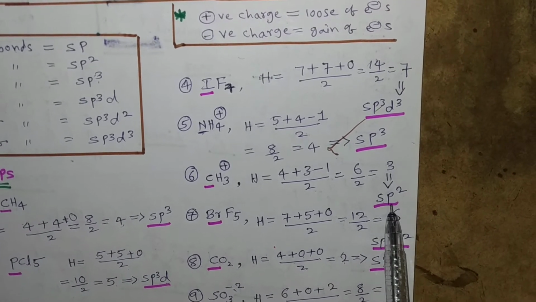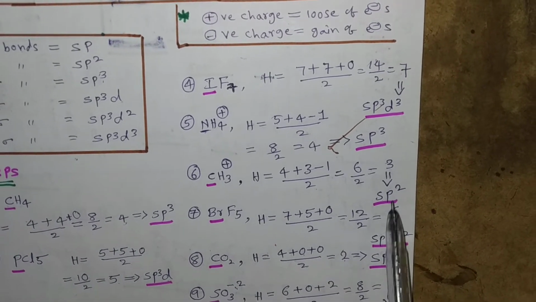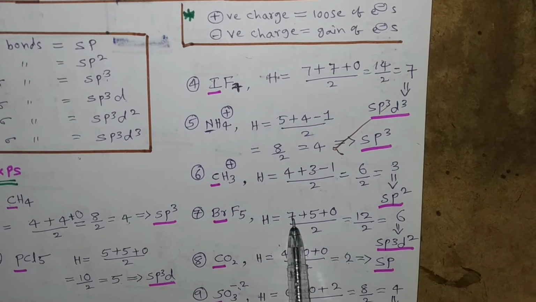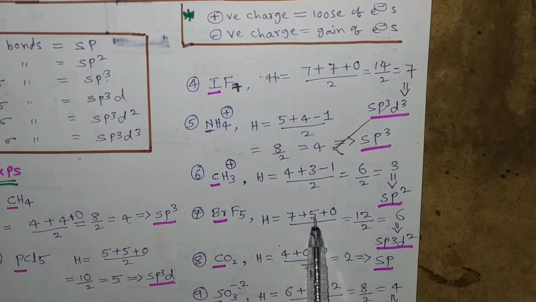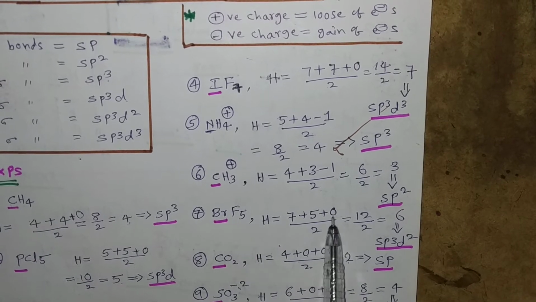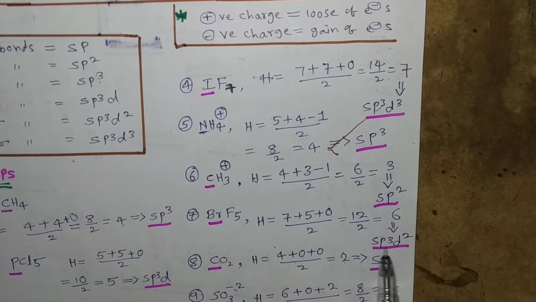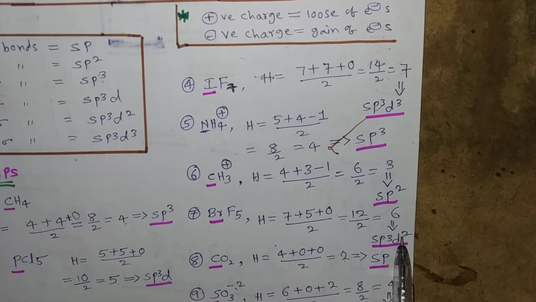That is sp2 hybridization. Next, BrF5, bromine group number 7 and monovalent 5. No charge on the molecule, 0 by 2. 12 by 2, 6. sp3d2 hybridization.